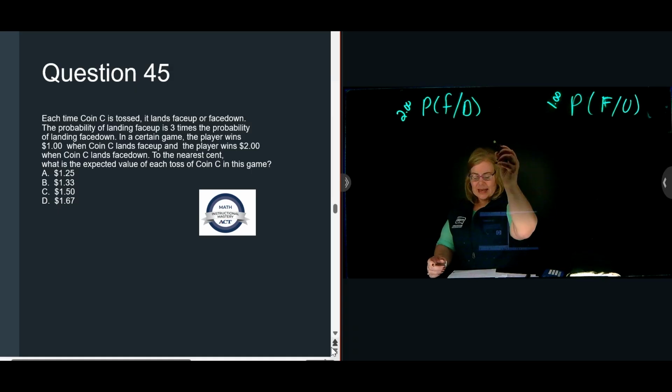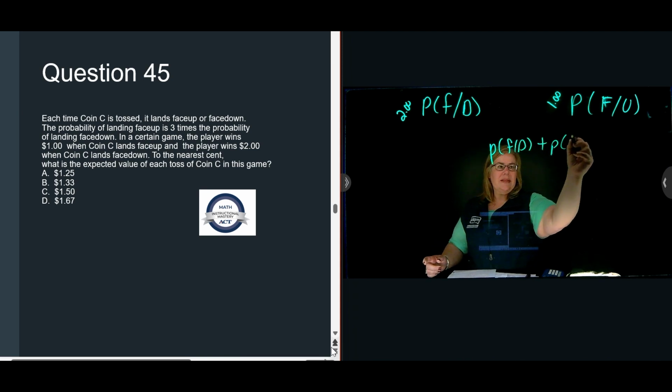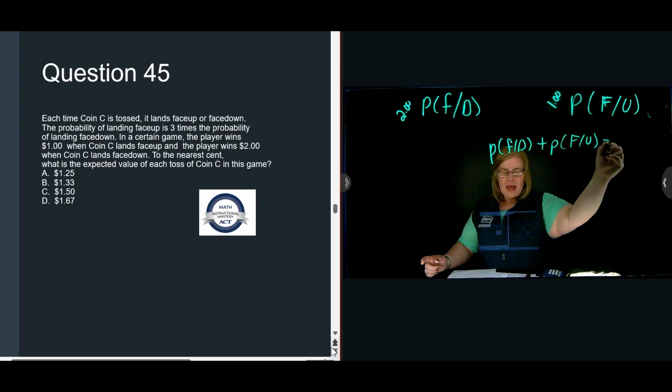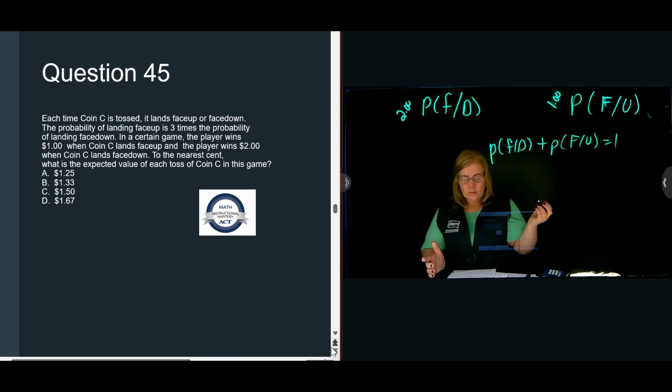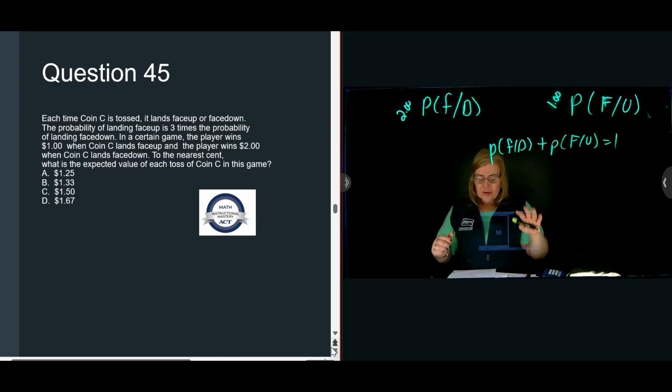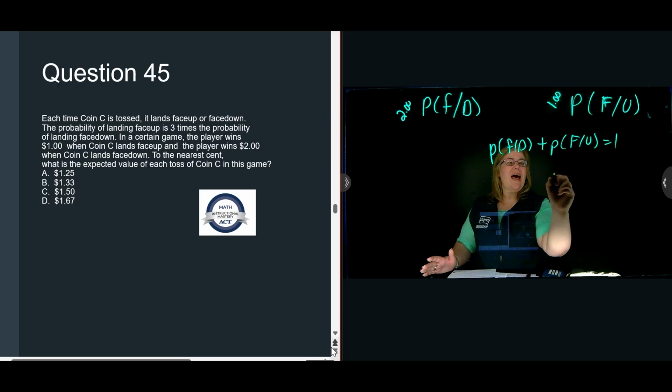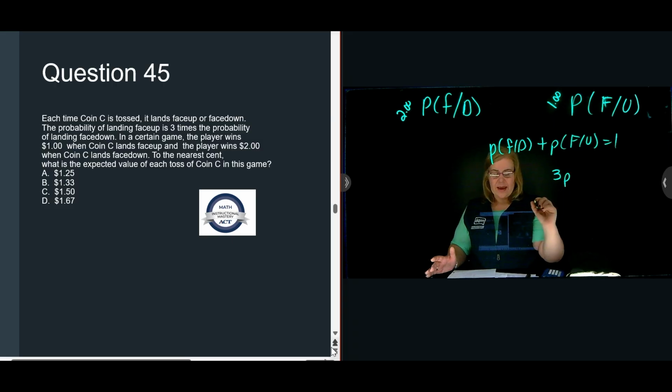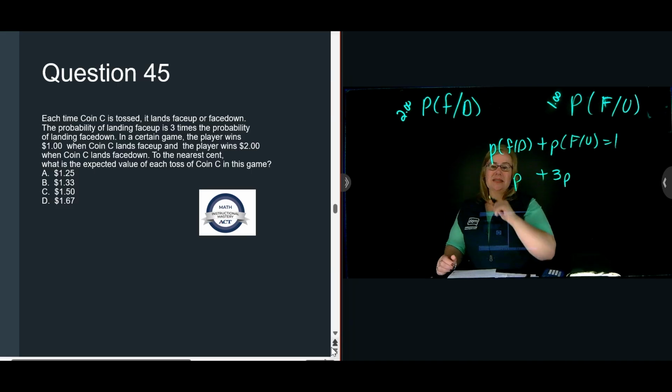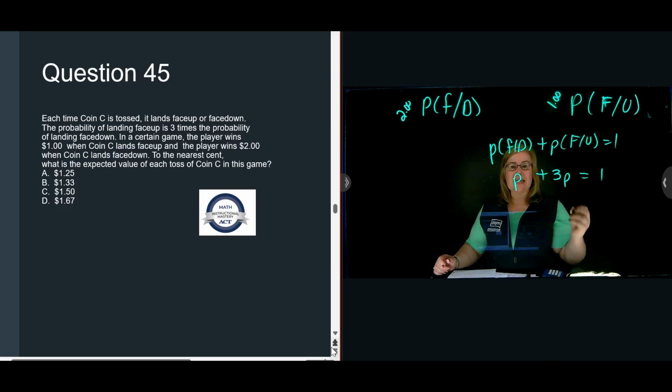So I'm going to look at it like this. I've got the probability of face down plus the probability of face up, and all those probabilities equal 1. So I know it's 3 times as likely to have a face up than the probability of face down, and that's still got to equal our 1.